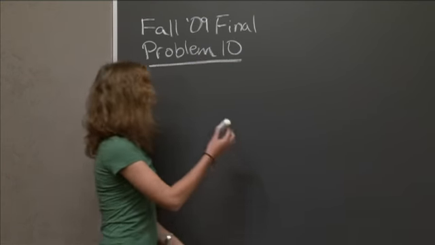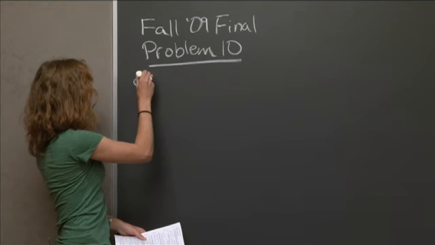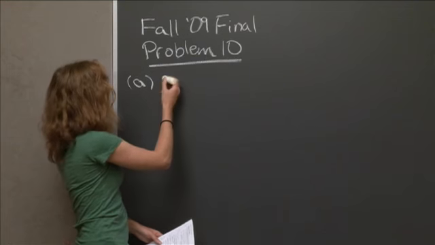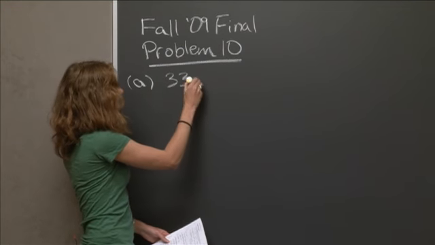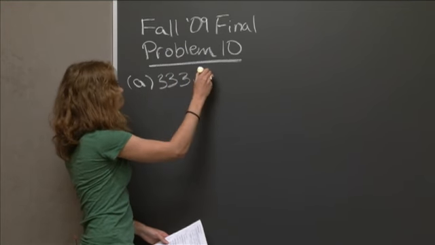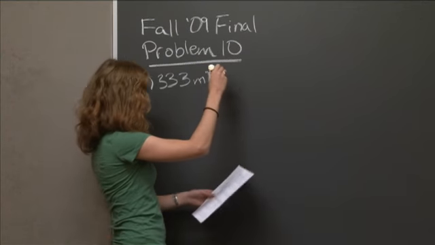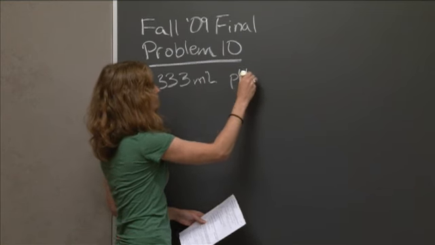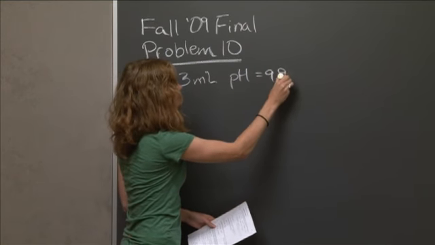So first off, let's write down the information that was given and the information that he's asking for. So we have 333 milliliters of a solution with pH equal to 9.9.